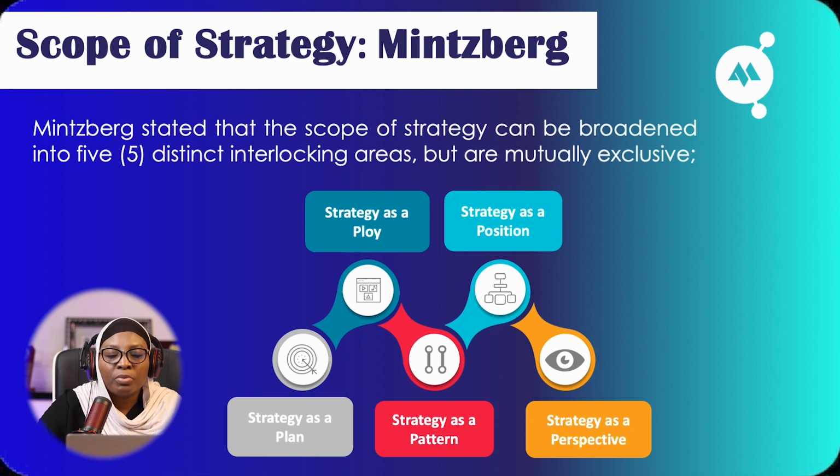We can also say that strategy can be seen as a position, which is the second aspect. As a position, we understand that for every organization trying to put itself in a particular environment, there is a certain position or distinct place they want to see themselves. Normally, for any organization competing in the business environment, once they're coming into that environment, they already have an idea of where they want to be positioned.